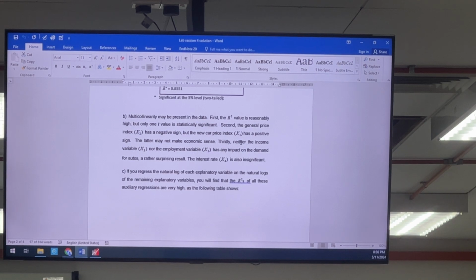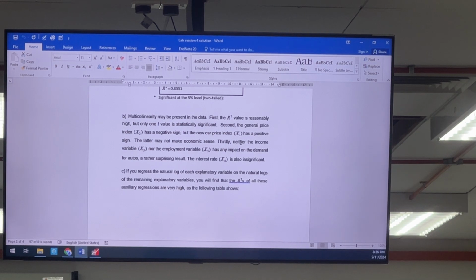Second, the general price index X2 has a negative sign, but the new car price index X1 has a positive sign. The X1 result may not make economic sense, because a price increase is normally supposed to reduce demand, but here the price increase produces a positive estimate.